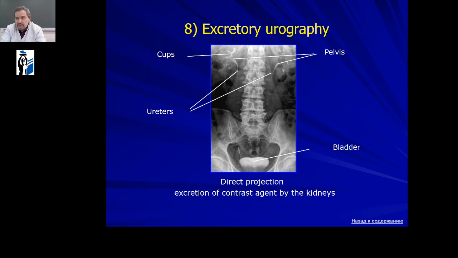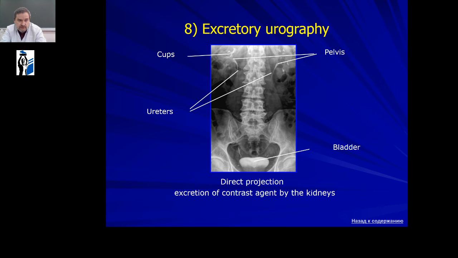The next slide is excretory urography. This is functional imaging type 2. And we can see cups on the left and right side.